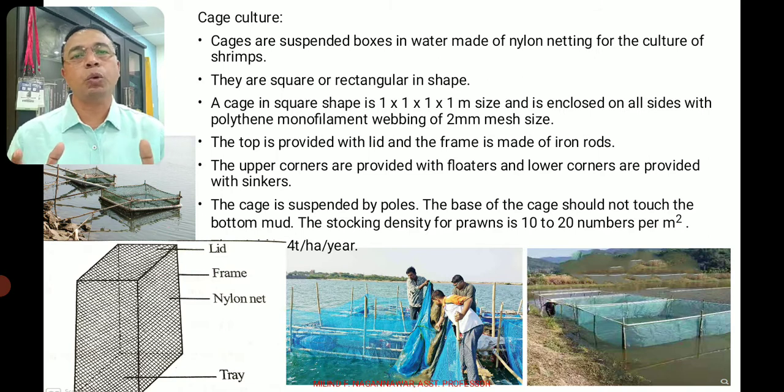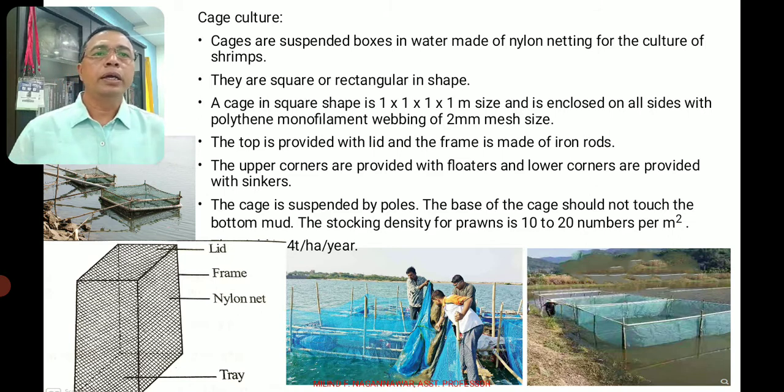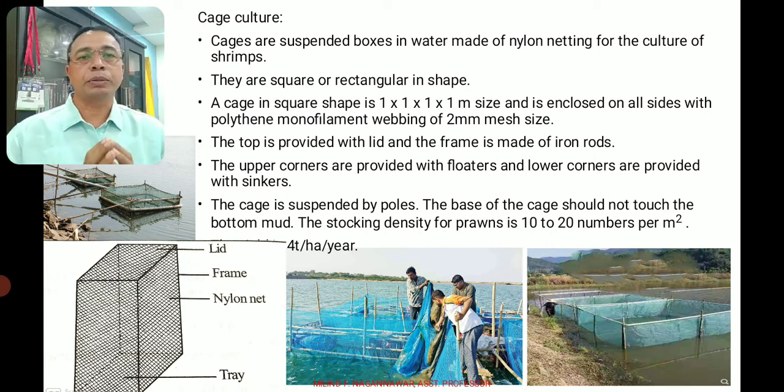So cage is nothing but suspended boxes in the water made up of nylon netting. The frame of the cage is made up of iron. It should be covered with polythene monofilament webbing of 2 millimeter mesh size.